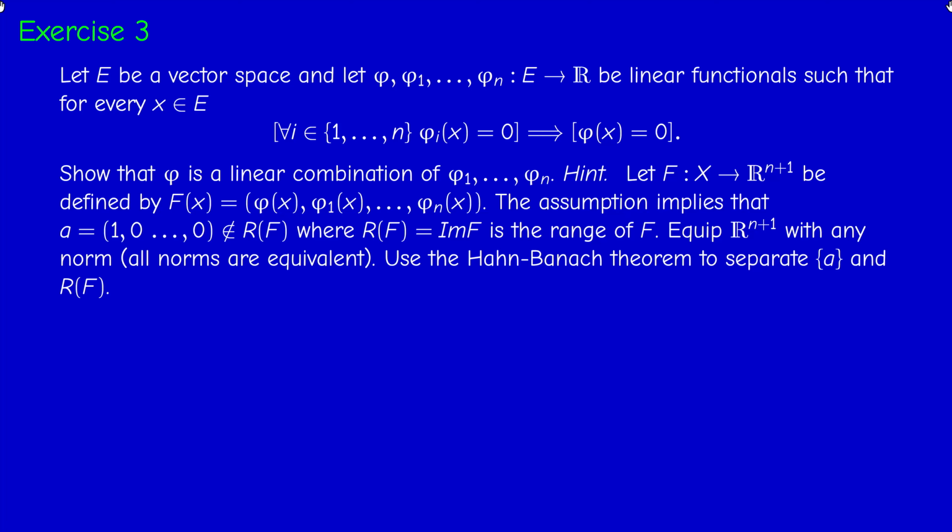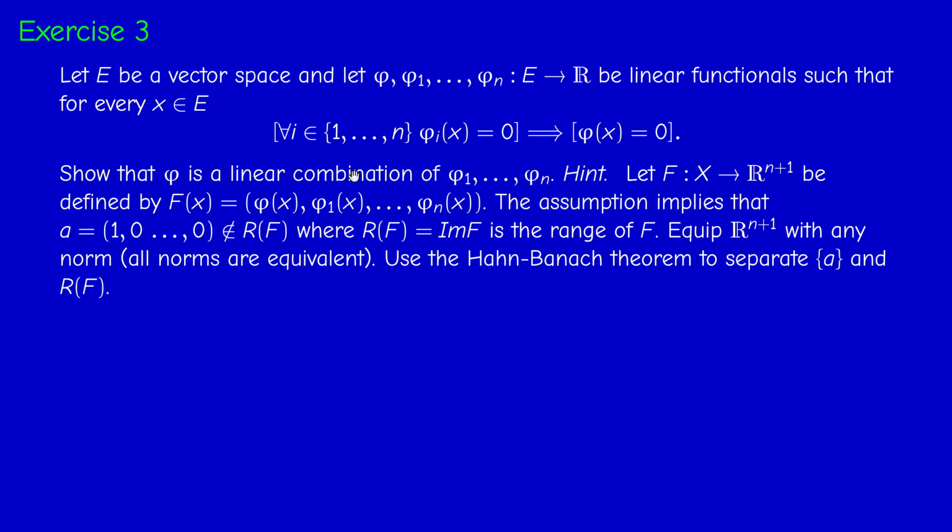Exercise 3 is actually just a consequence of the Hahn-Banach theorem in R^(n+1), and we did a special case of it in chapter 2. In chapter 2 we just had two functions, phi and phi1. Here we have a vector space E and n+1 linear maps from E to R. We don't put any norm on E, so it's just any vector space.